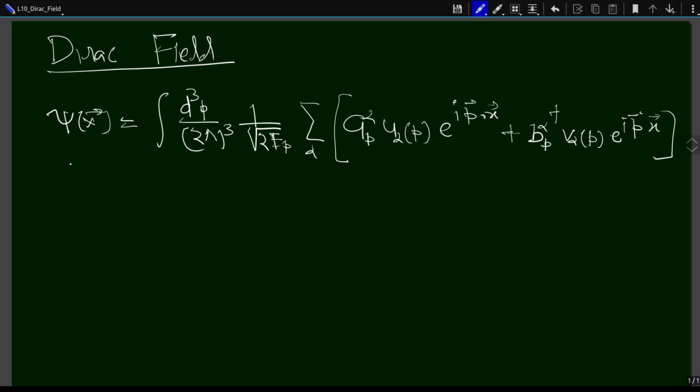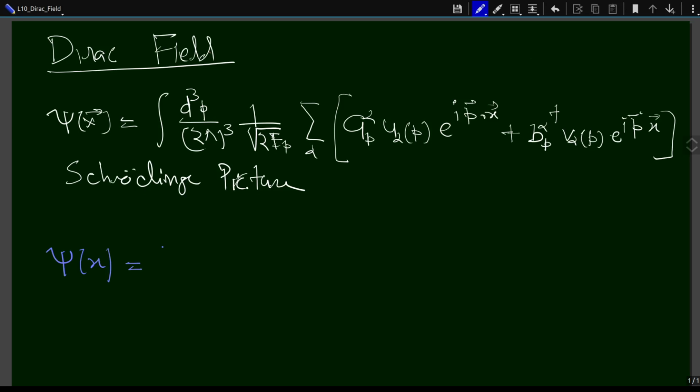And when we move to the Heisenberg picture, let's change the color, and I will have psi of x. So this is full x here.